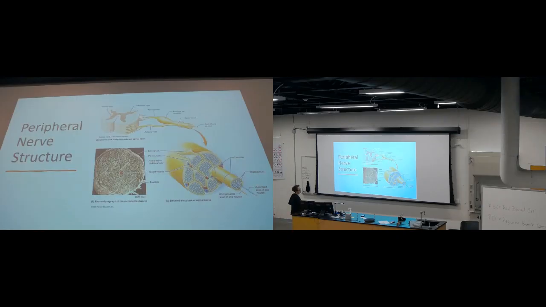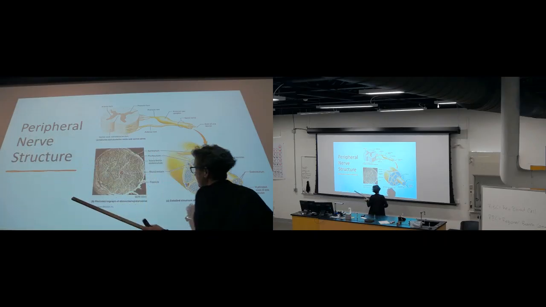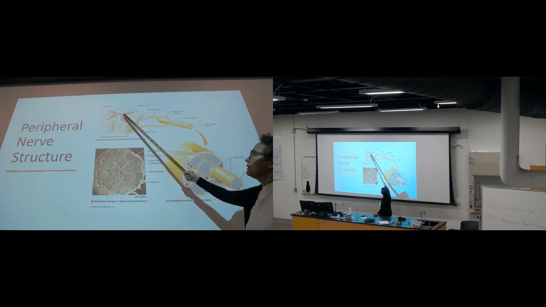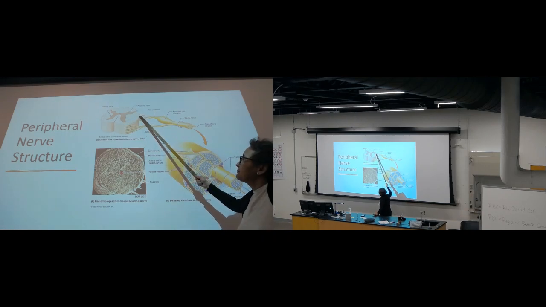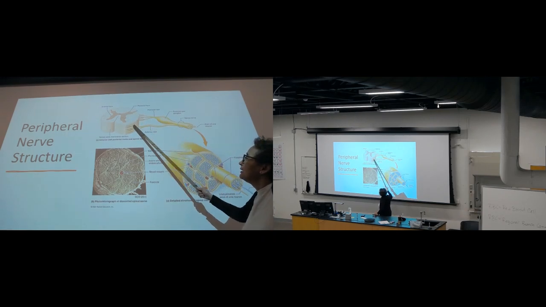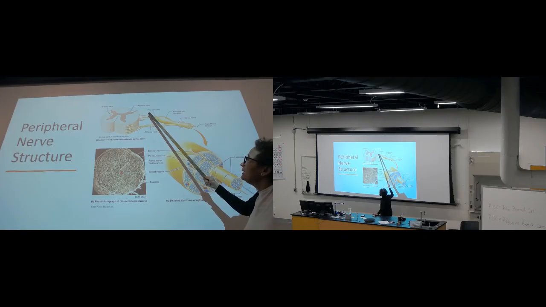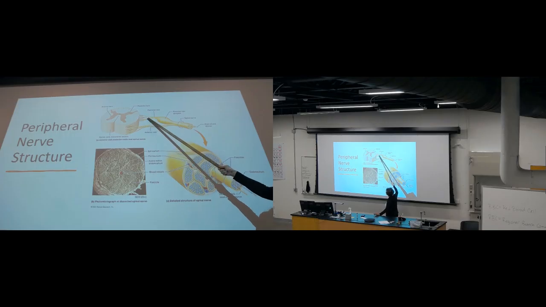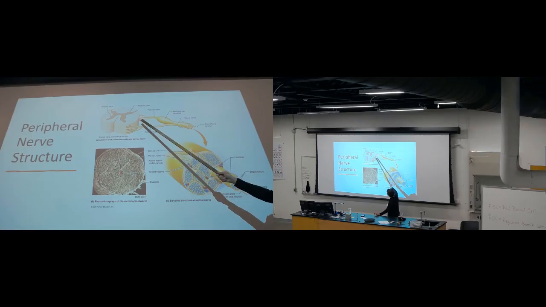But here is the illustration of these peripheral nerves. These peripheral nerves connect into the spinal cord. So here are the rootlets of the posterior branch of the nerve, which is sensory.